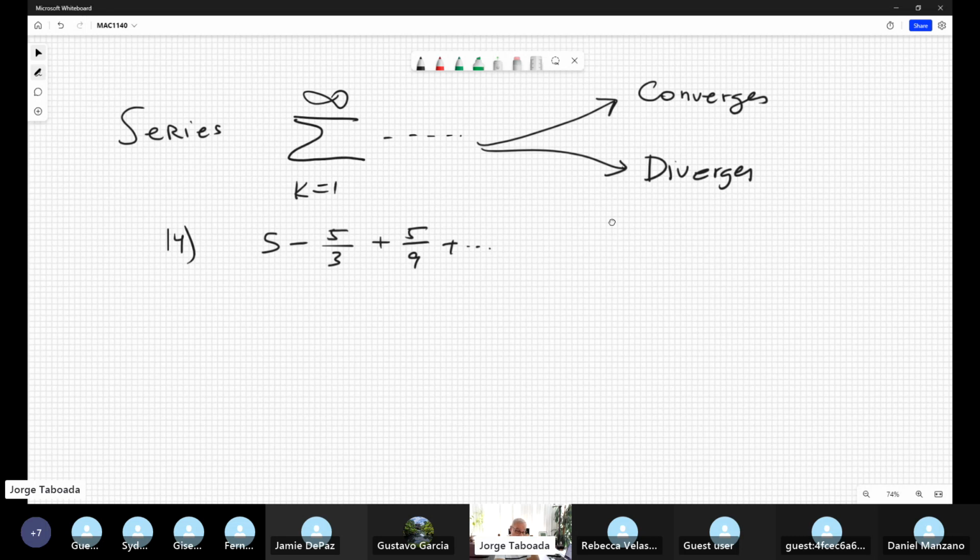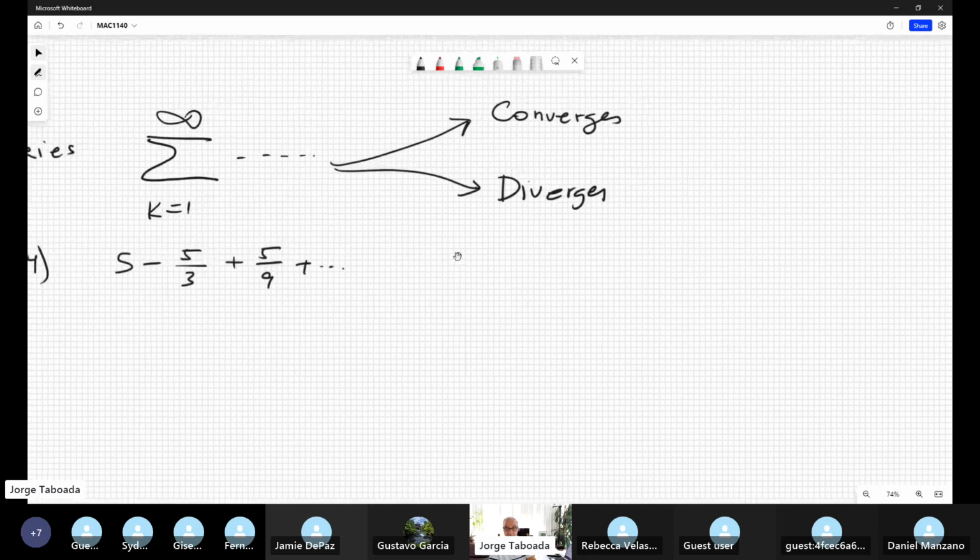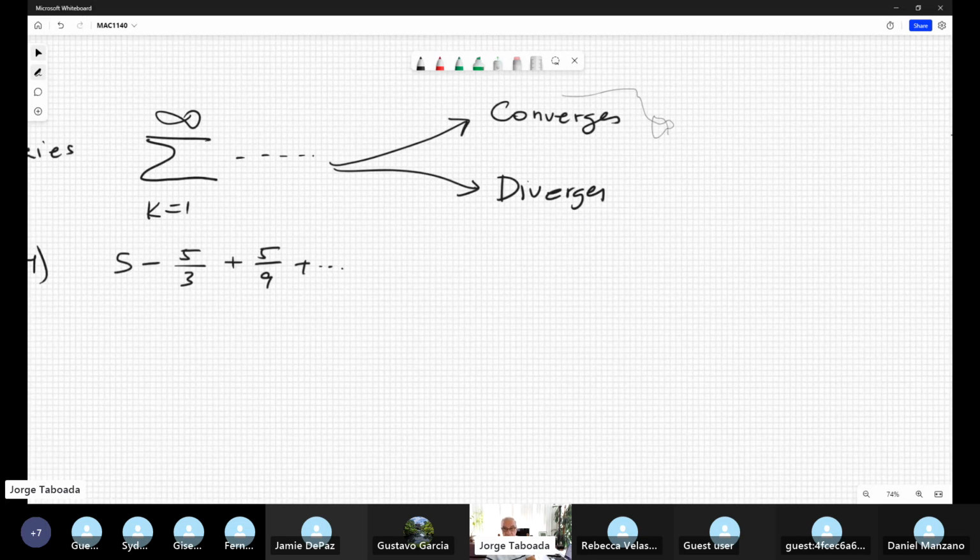So basically, the only possibility for a series to converge is to be a geometric sequence with a common ratio whose absolute value is less than 1.